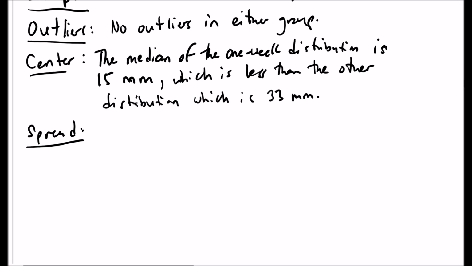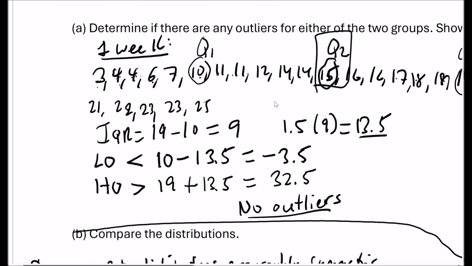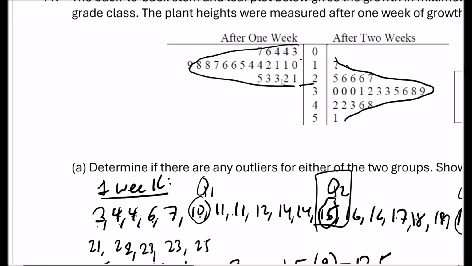Okay, so the 1-week distribution varies less than the 2-week distribution. The range for the 1-week distribution is 25 minus 3.